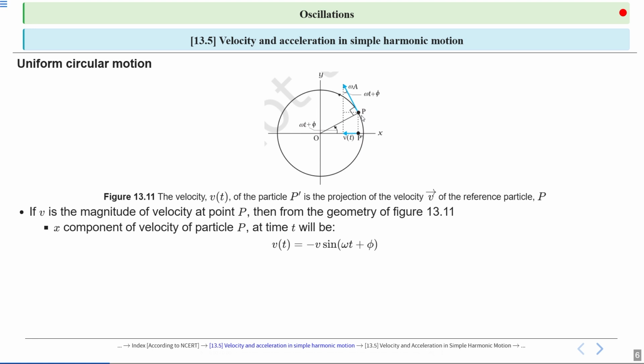The important point here is the negative sign. The negative sign shows the direction of the velocity at different points. For example, when sine omega t plus phi is positive, the velocity is negative, and vice versa.